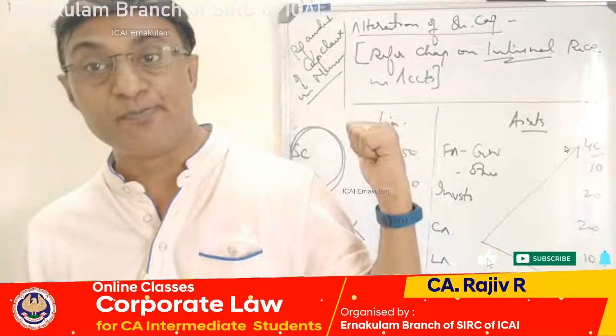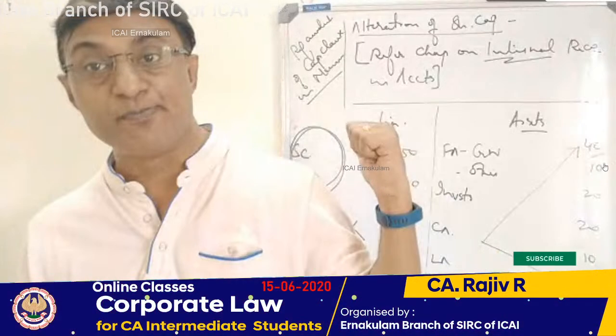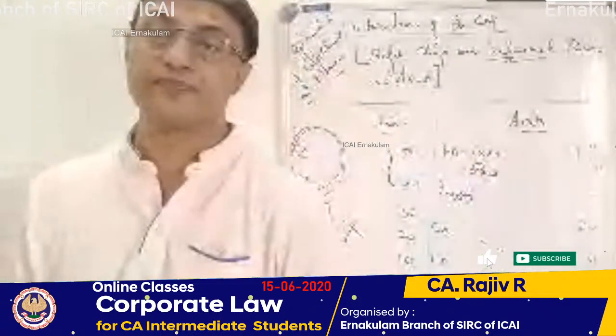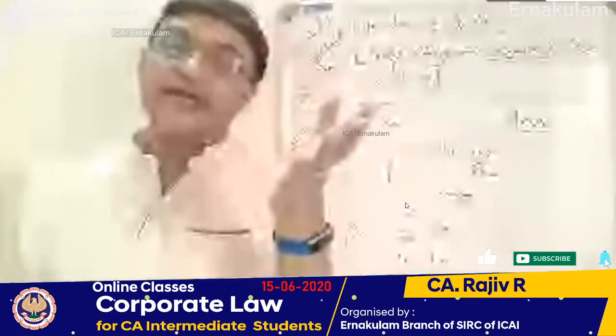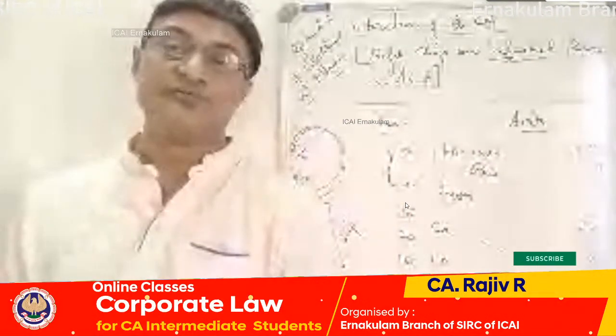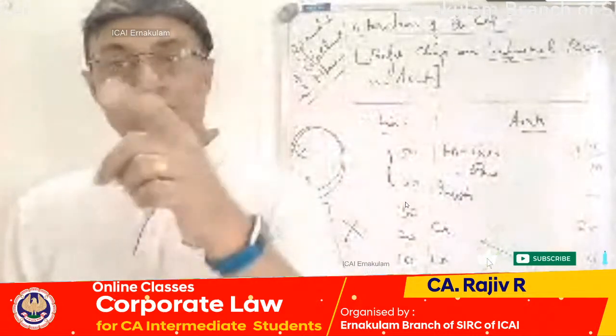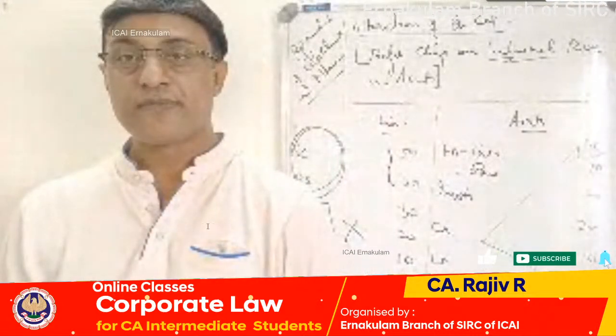accountancy has a role because of company law. So company law dictates company accounting. This is what I told you before. Whatever you do in company accounts is because of company law.